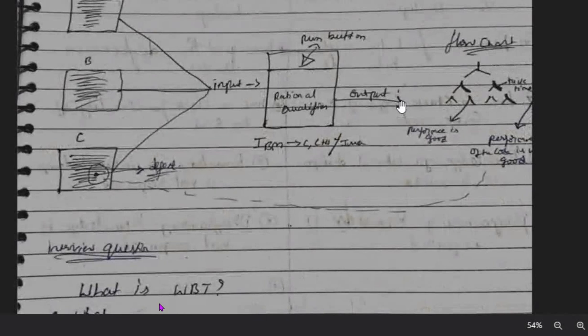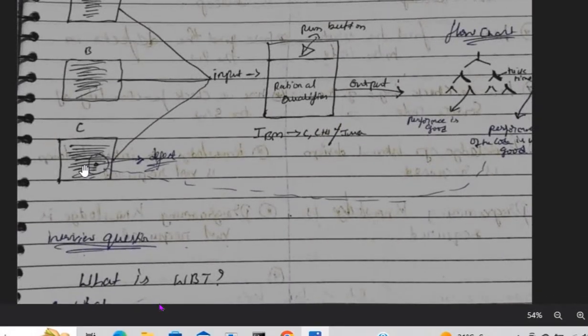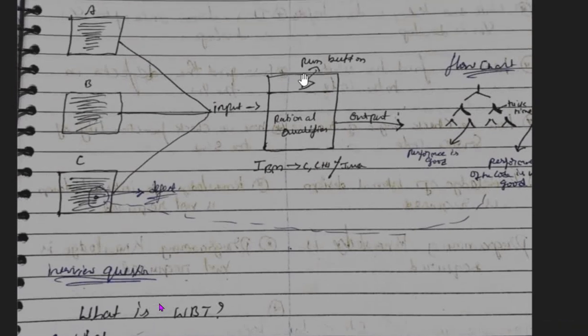For example, if module C contains defects, then when you click on the run button, Rational Quantify checks where the condition is wrong. If module C is wrong, they will go for path testing.